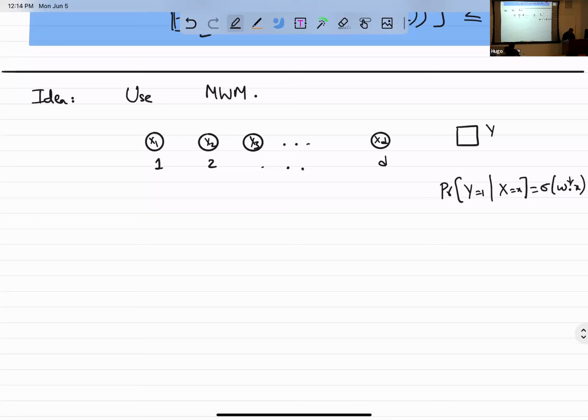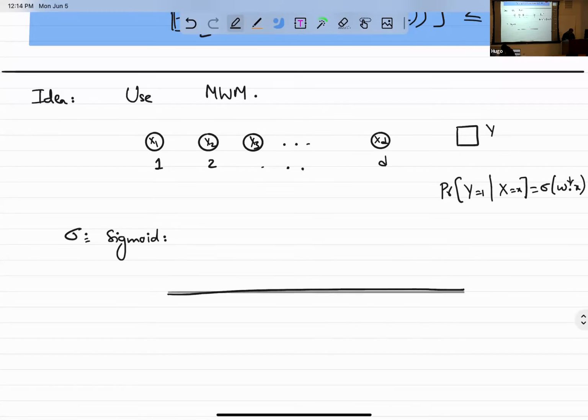So what is sigmoid? Right, so sigmoid is basically, remember, you have 0 here, and then you have this beautiful shape.